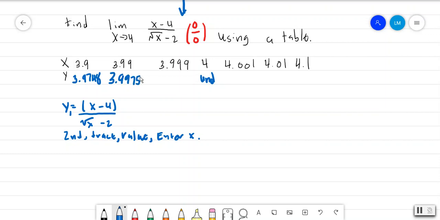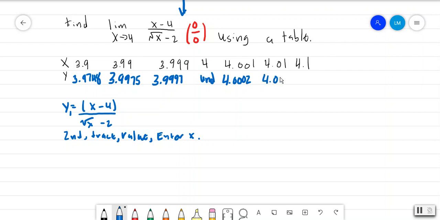So we have 3.9975. For 3.999, I got, so this is where you start to see a pattern. So you get 3.9997, and then for the 4.01, so this is where it's a little interesting, you get 4.0002, I think it's 3 zeros, 2, and then this is where it's just getting bigger.